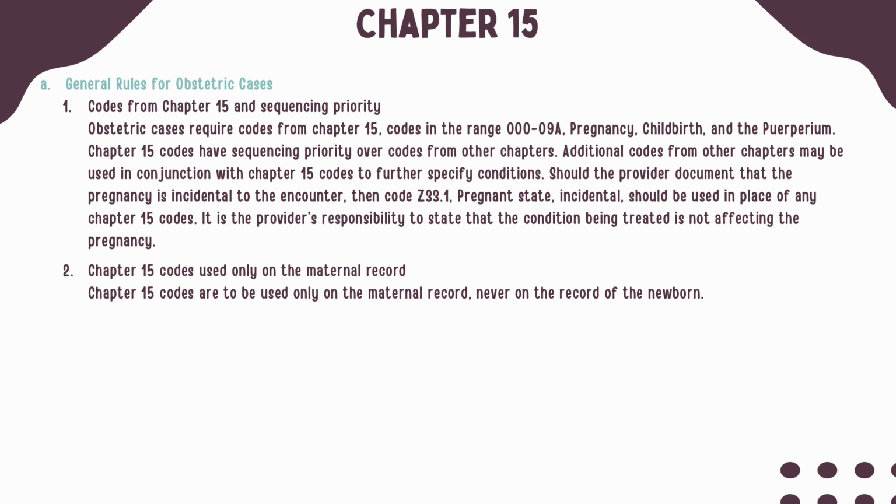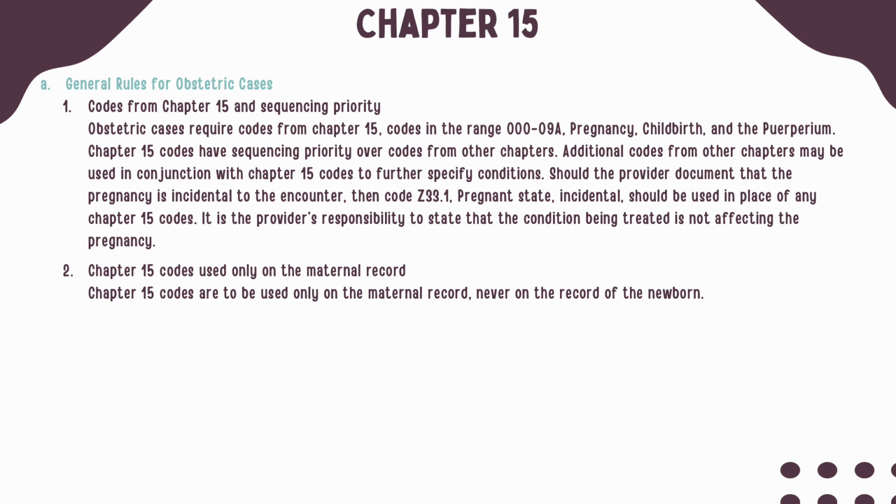When coding for obstetric cases, Chapter 15 codes O00 through O9A are required to be reported. These codes in Chapter 15 will take sequencing priority over codes from any other chapter when codes from other chapters are needed to further specify the conditions. If the provider states that the pregnancy is incidental to the encounter, meaning that the patient is pregnant but the pregnancy is not the reason for the encounter, code Z33.1 should be used instead of the Chapter 15 code.